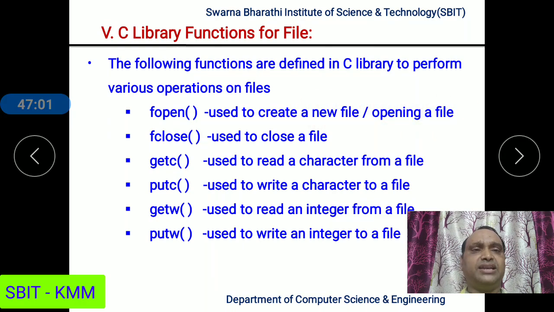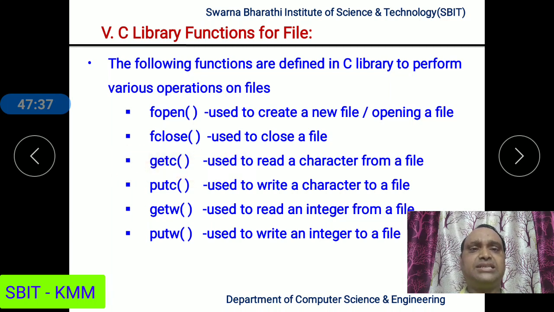If a file already exists in the computer and you want to open it, we can use the fopen function. And the fclose function is used to close the file once all operations are done on the file. To close the file, we use the fclose function.